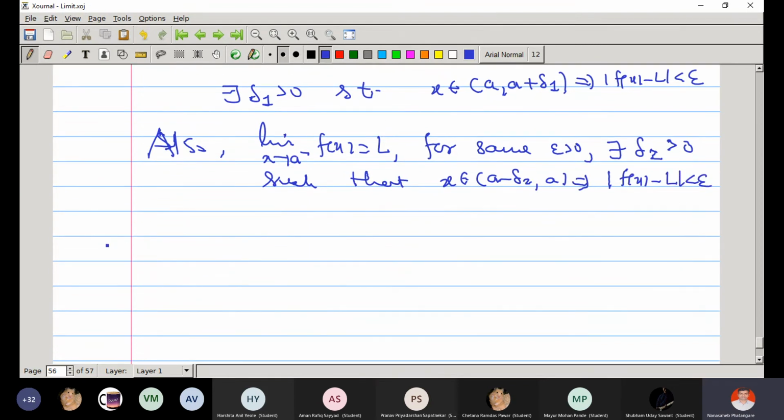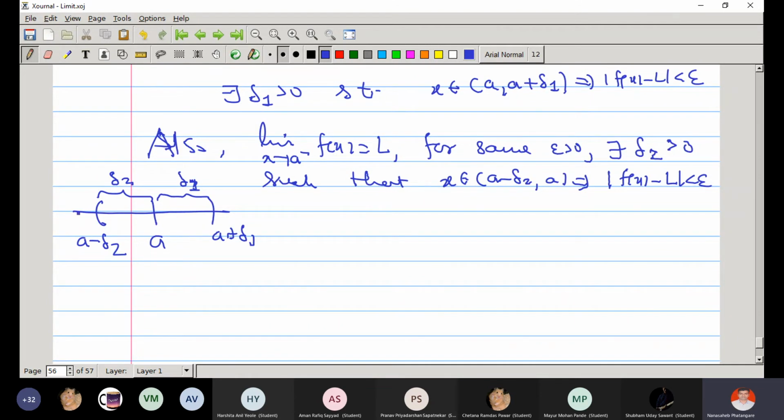Now what is the current situation? Here is a plus delta 1, and here is a minus delta 2. What is the distance on the left side? It is delta 2. What is the distance on the right side? Delta 1. These two distances may not be the same.